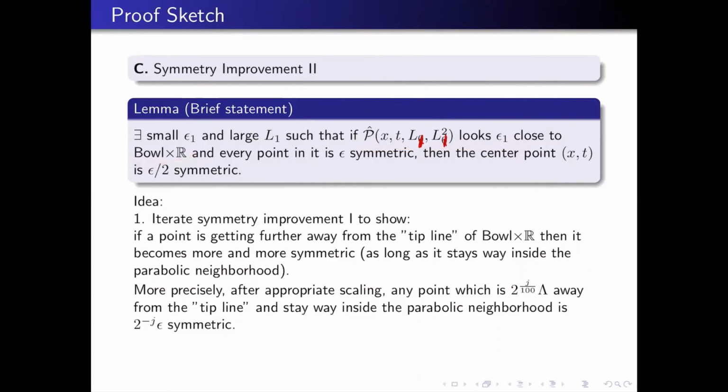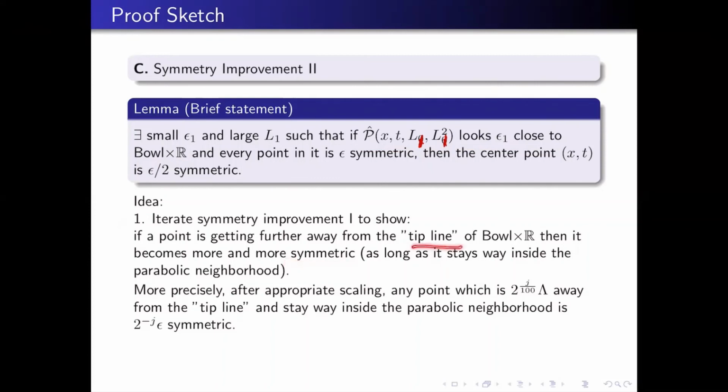So here's the idea of the proof of this lemma. First, what we do is we need to iterate the previous symmetry improvement to show the following statement. If a point is getting further away from the tip line, then it should be more symmetric.